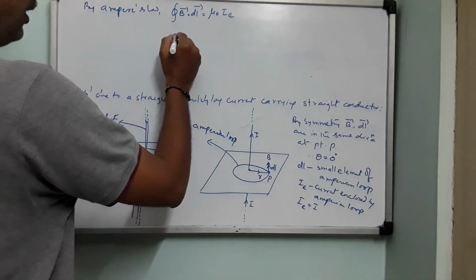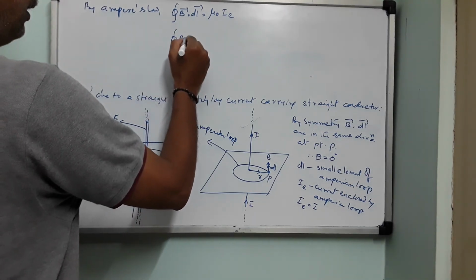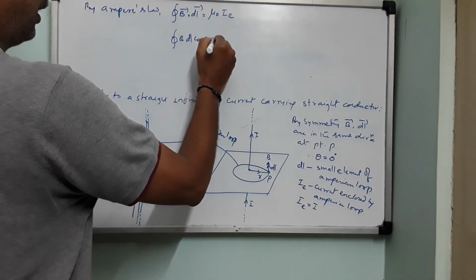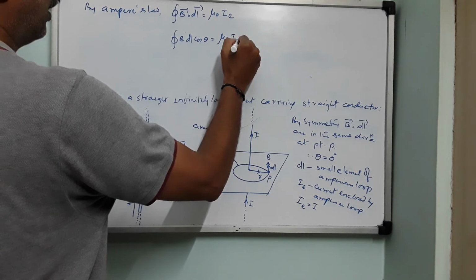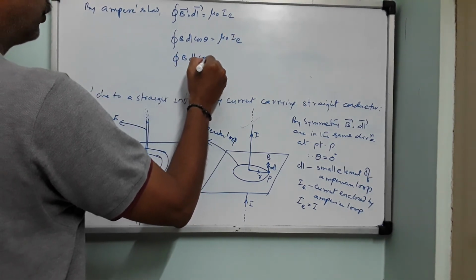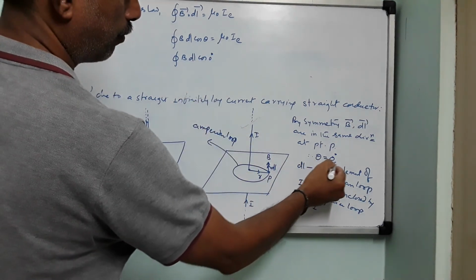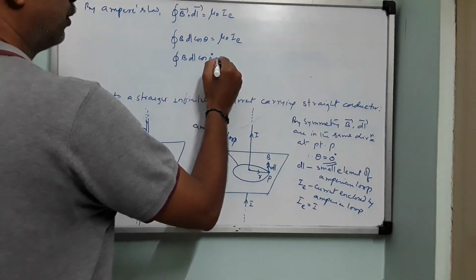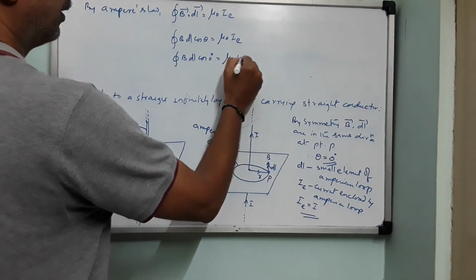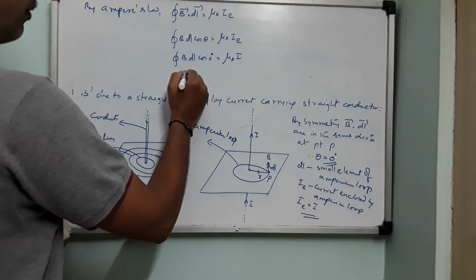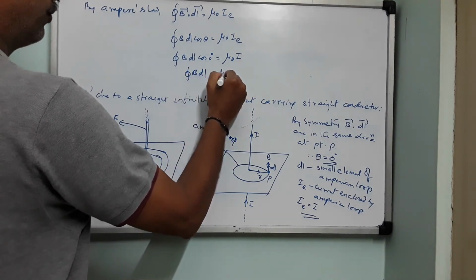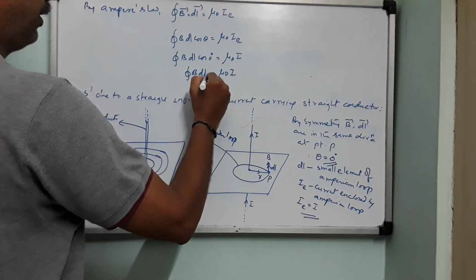So this closed integral of B dl cos theta equals mu naught I_E. So the line integral of B dl cos 0 degrees, which I am substituting, equals mu naught into I_E, which is nothing but my I. Cos 0 is 1. So the integral of B dl equals mu naught I.